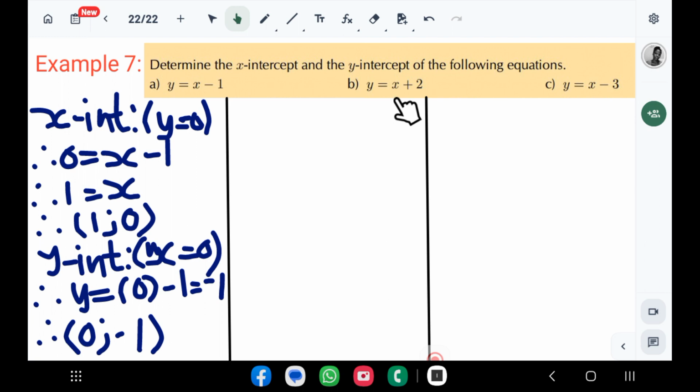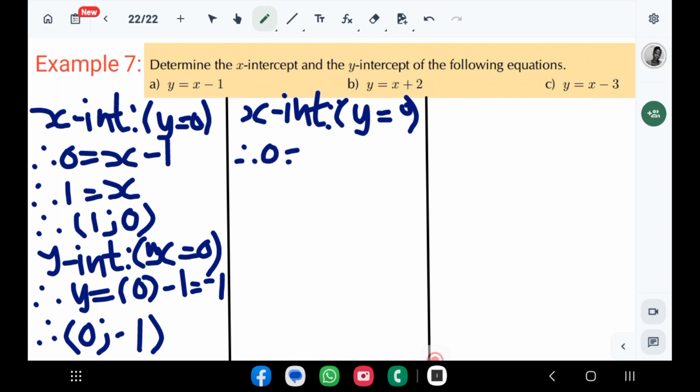Number 2, y equals x plus 2. To find the x-intercept, you make y 0. So 0 equals x plus 2. Take everything that's not x to the left hand side. Negative 2 equals x.